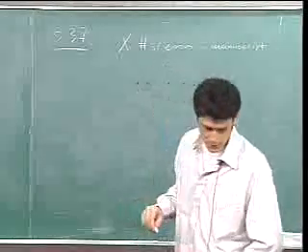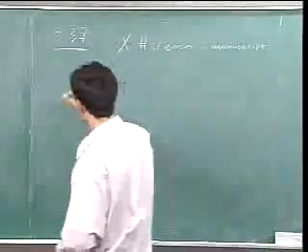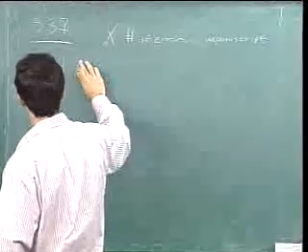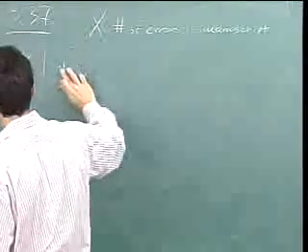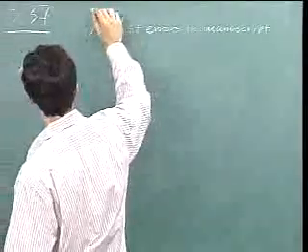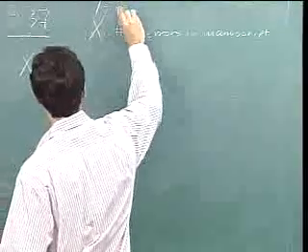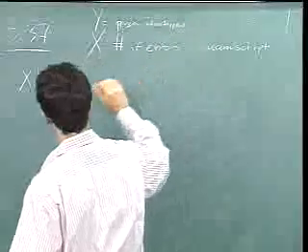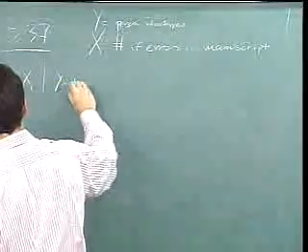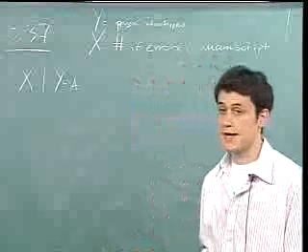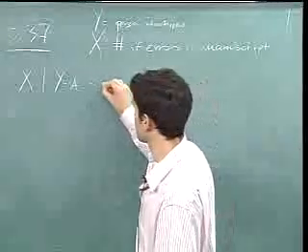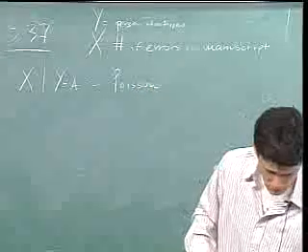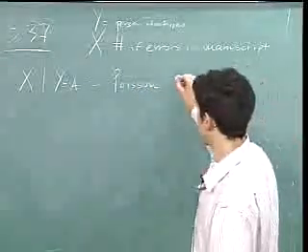Now, let's say Y is the person who types. So if the person who types is person A, then the number of errors will be Poisson with mean 2.6.